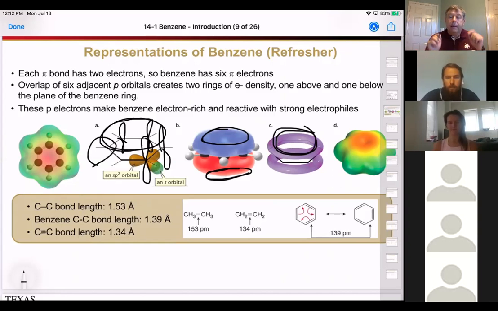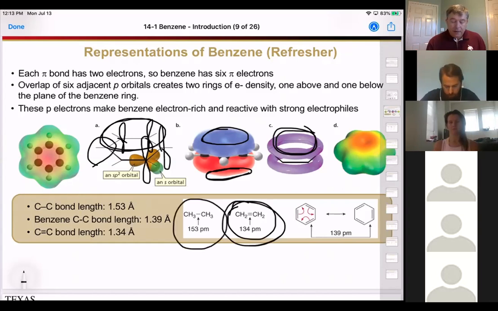And that bond length is halfway in between what it would be for a regular alkene, like this ethene right here, and this fully saturated hydrocarbon here, the ethane. So between ethene and ethane, that means that bond is somewhere in between. It's got a little bit of partial double character, a little bit of partial single character, and therefore it gives us that intermediate bond length. And that resonance stability, that possibility of spreading the electrons out, gives us our reactivity and our stability.